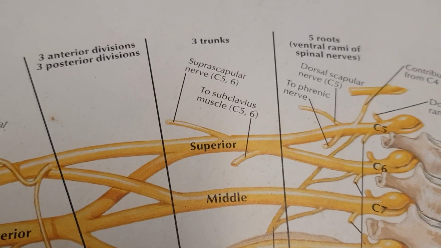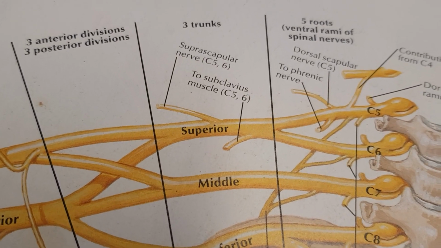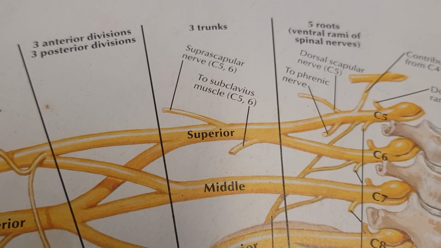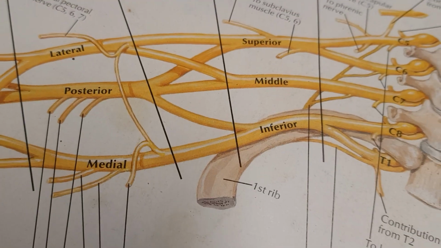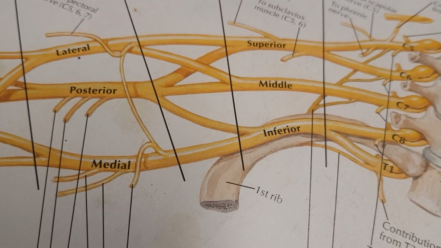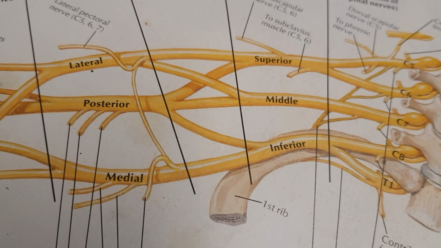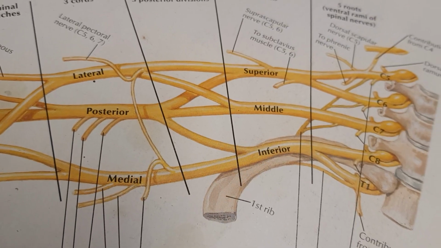When the patient has suffered a stroke or any upper motor neuron lesion and presents with hemiplegia, let's say the right side is affected. The patient can't use the right upper limb, the patient can't use the right lower limb.